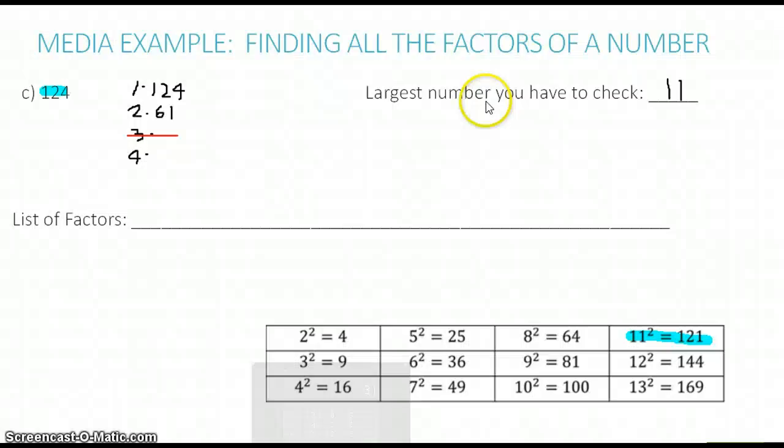So that's one I wouldn't have thought of. 4 times 31. Wait a minute, this one isn't right. This was 62. Good thing I'm redoing these later. Okay, 4 times 31.